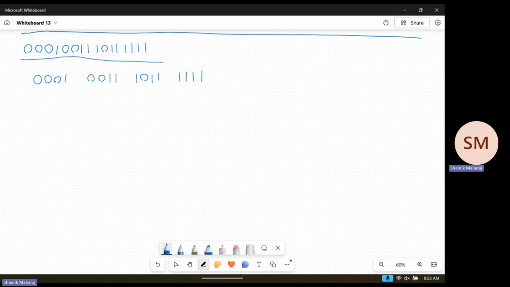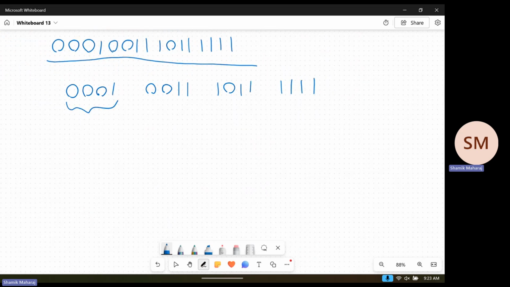Now I'm going to convert each of these individual groups of binary bits into a decimal number, a bit quickly now, since we know the long procedure. The first one is just 1. This is going to be 3.